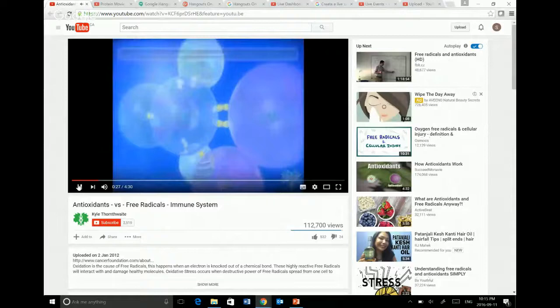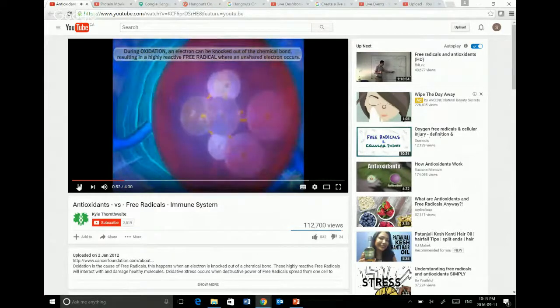An electron from the outer bonding shell of one element forms a bond with the outer bonding shell of a second element, forming what is called a chemical bond. During oxidation, an electron can be knocked out of the chemical bond, resulting in a highly reactive free radical, where an unshared electron occurs.